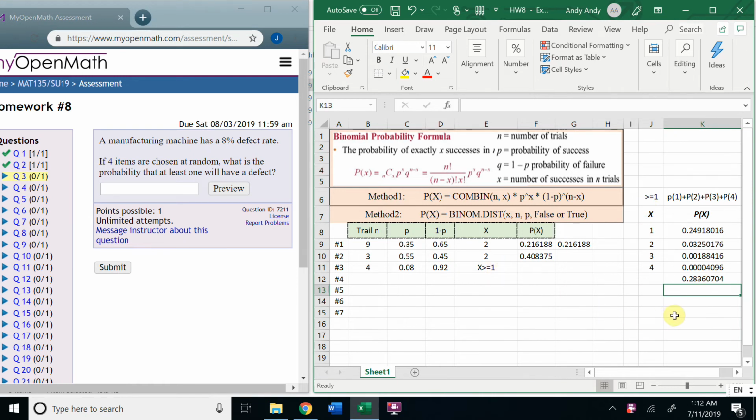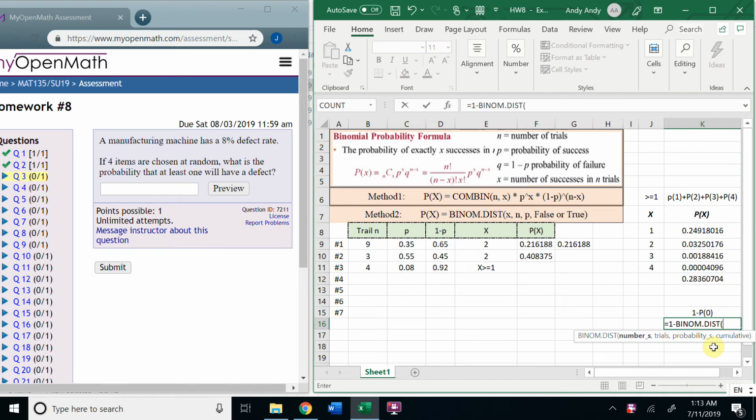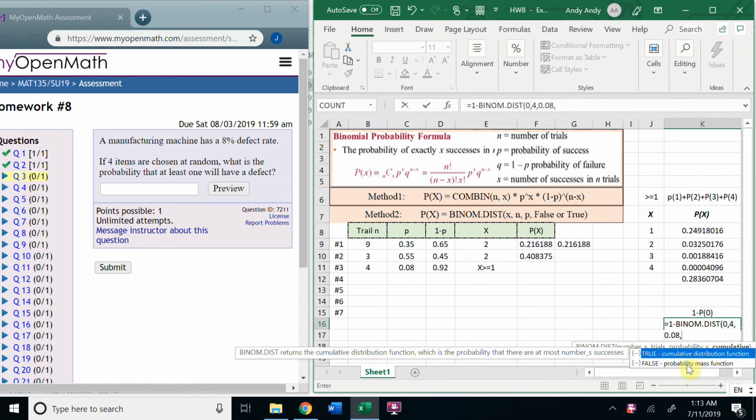We also could use another way, x greater than or equal to 1. That means the probability is 1 minus P(x equals 0). So that is 1 minus binomial, 0 defect, and 4 items total, probability 0.08, and choose false.